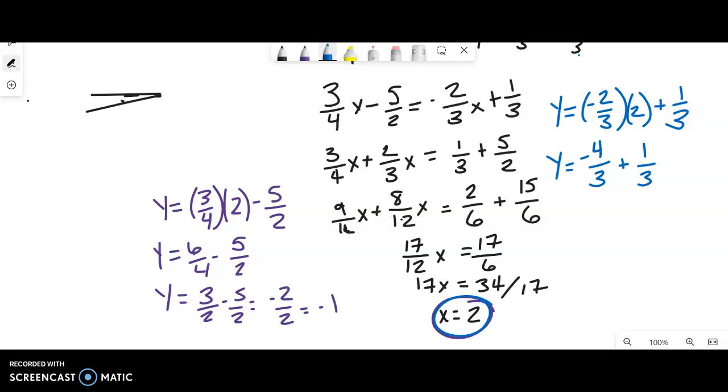This time, fortunately, I already have the same denominator, so I'm just going to go negative 4 plus 1, which is negative 3 over 3, which is negative 1. Because my y values are negative 1, then I know I did it correctly. And I can say that the point of intersection happens when x is 2 and y is negative 1.